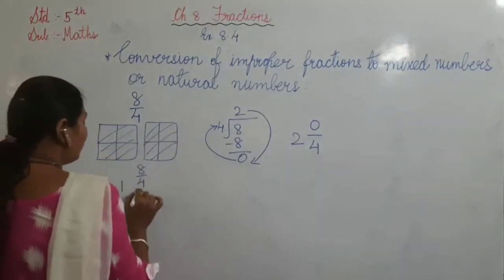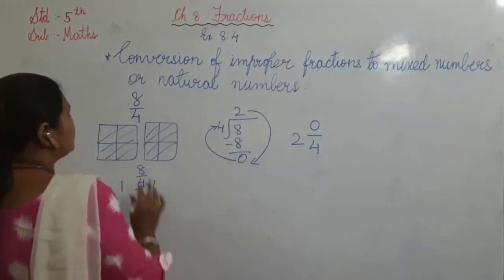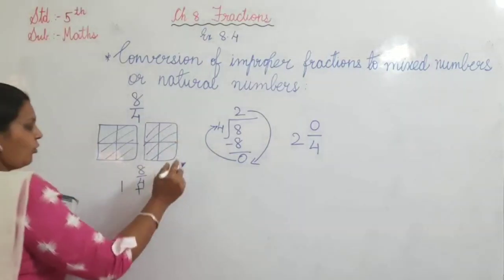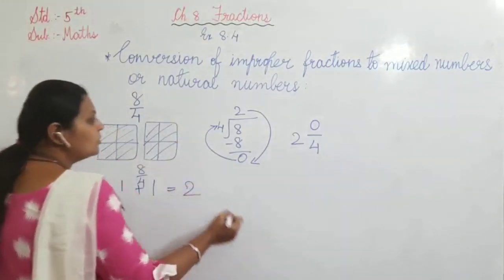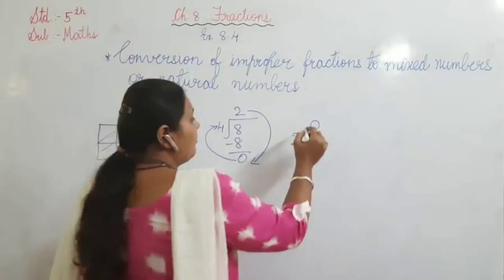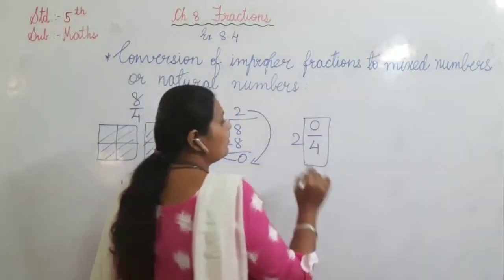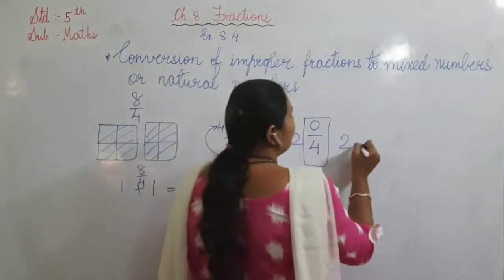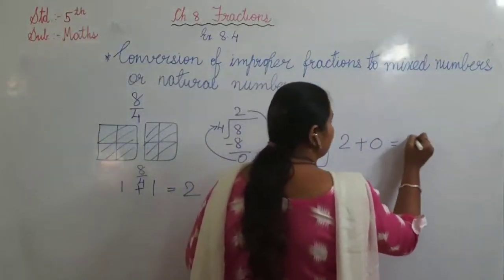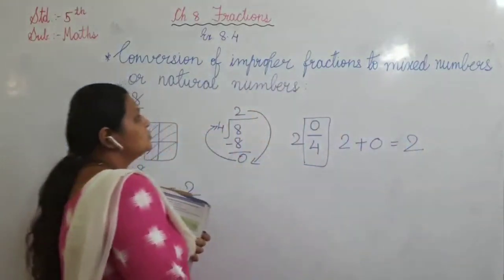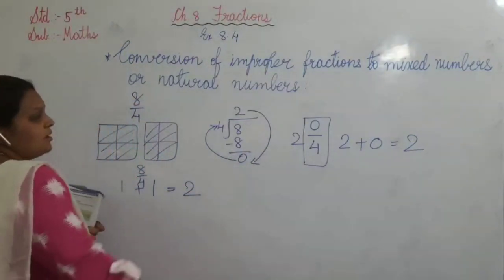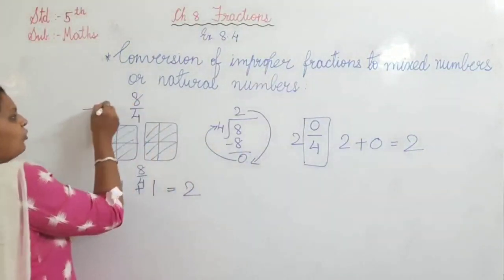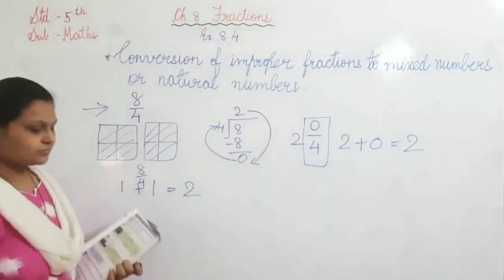This also we will write as a whole. So 1 plus 1 whole is equal to 2. Now 0 upon 4 is 0. So 2 plus 0 is equal to 2. So the natural number of 8 upon 4 is 2.